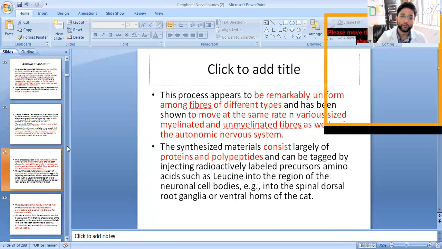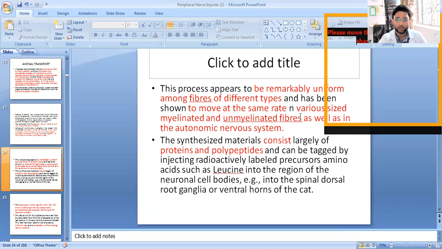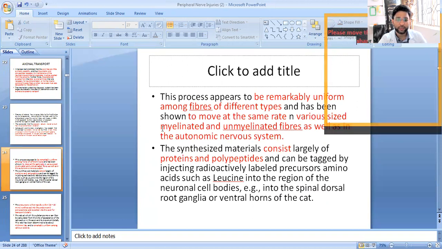The process appears to be remarkably uniform among fibers of different types and has been shown to move at the same rate in various sized myelinated and unmyelinated fibers, as well as in the autonomic nervous system.